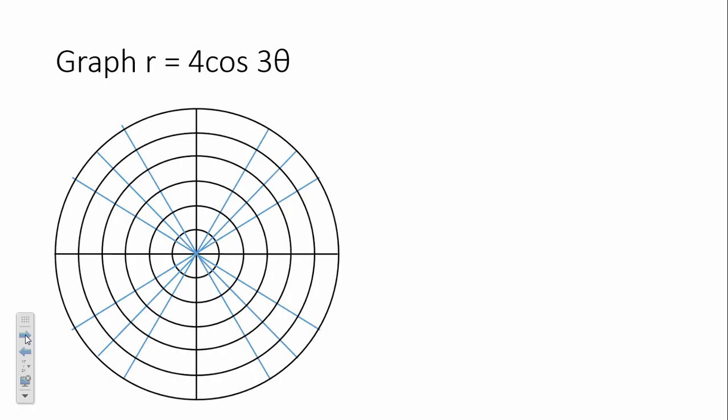I'll let you try and graph this one yourself. R equals 4 cosine 3 theta.